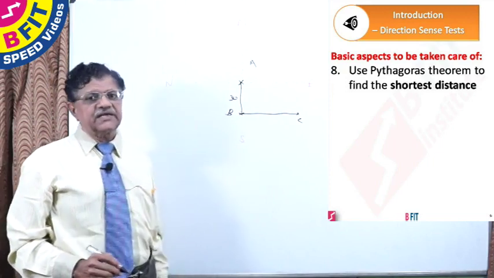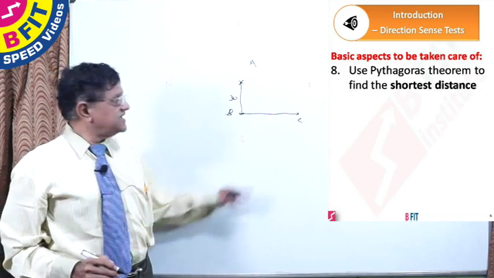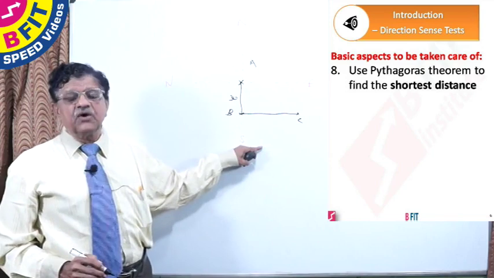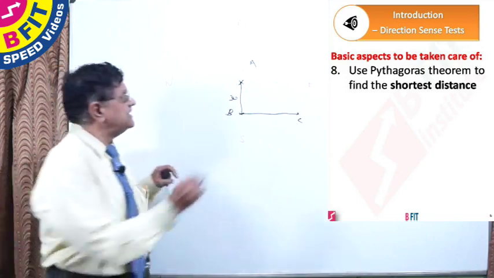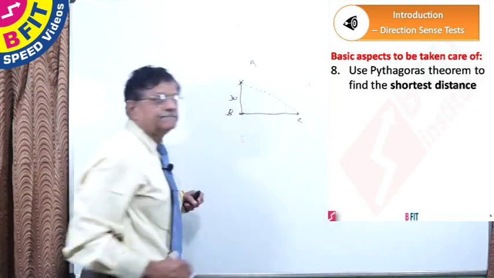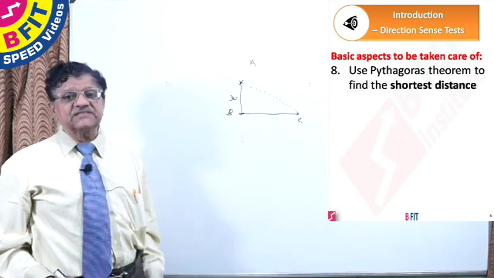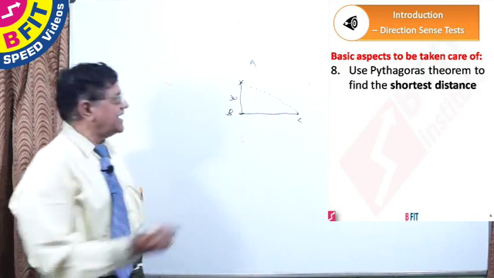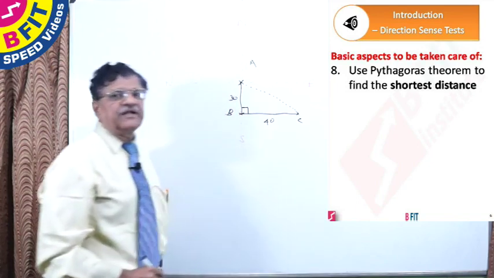Now the question is asking, the person walked from his destination C to the starting point using the shortest distance. What is the distance travelled by him? Now what is the shortest distance between A and C? It is a straight line. How to find the length of this straight line? We can very easily apply Pythagoras theorem because this is a right angled triangle. And this is 40 meter.